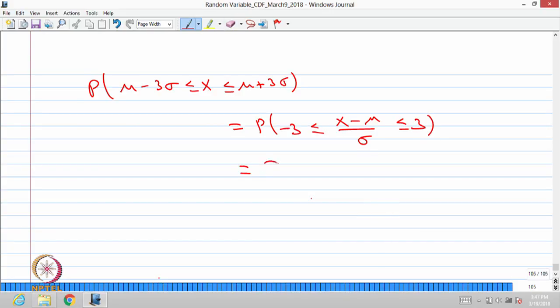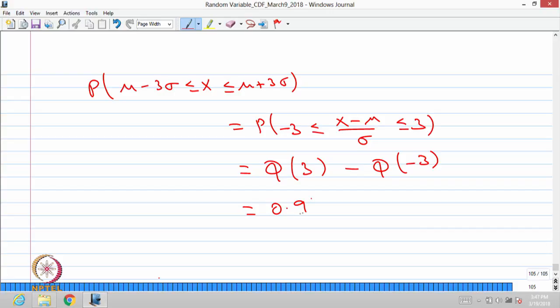That is the same as psi of 3 minus psi of minus 3. If you compute psi of 3 from the table, one can get 0.99865, and psi of minus 3 is 0.00135. Therefore, you will get 0.9973.